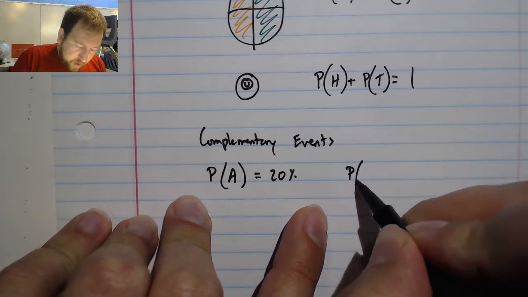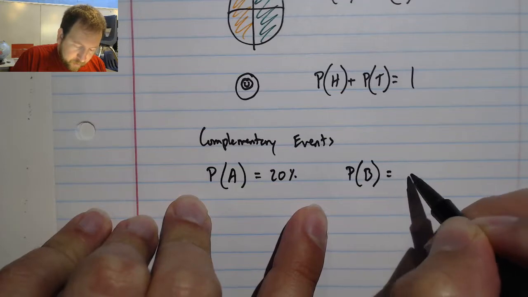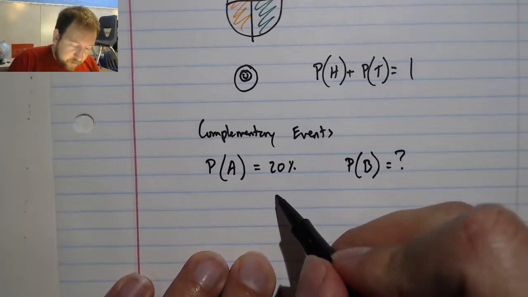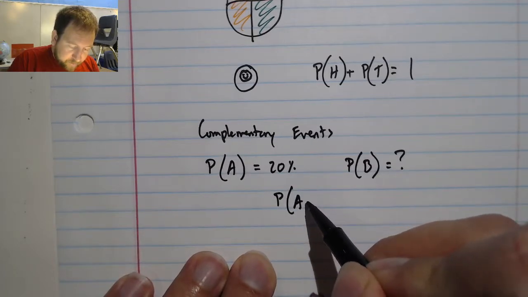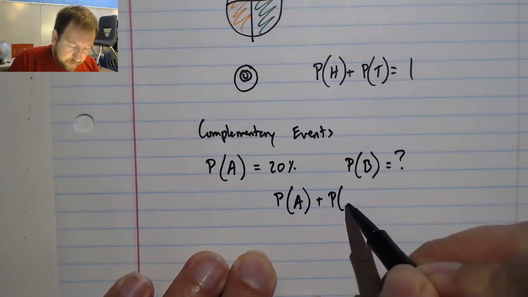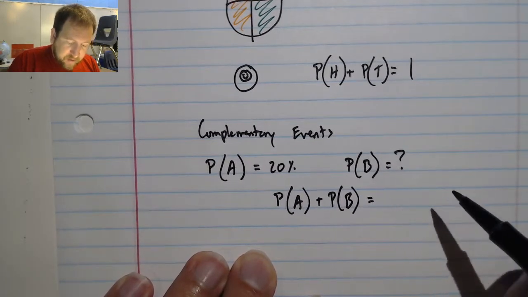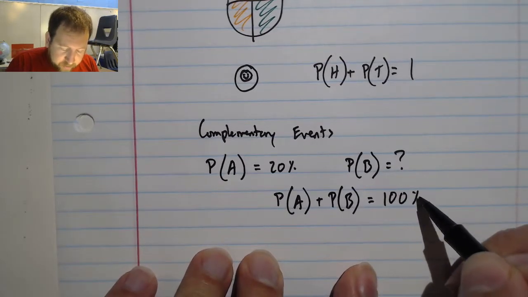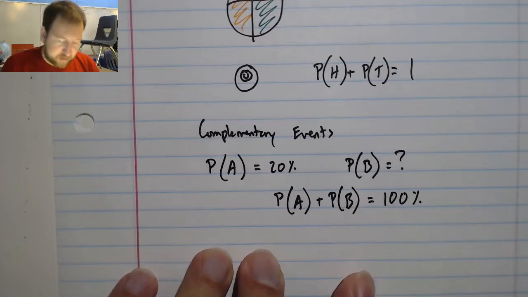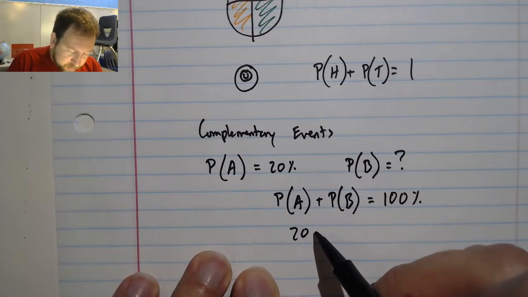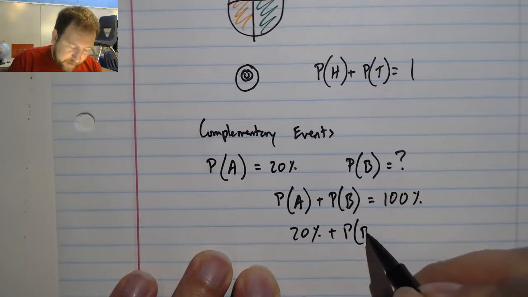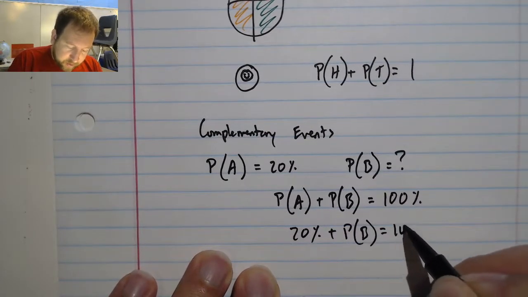What is the probability of B happening? Well, quite simply, I know that the probability of A plus the probability of B, in this case, I can set it to 1, but 100% makes a little bit more sense, as I already have one that's in a percent. And I can see that 20% plus the probability of B happening equals 100.